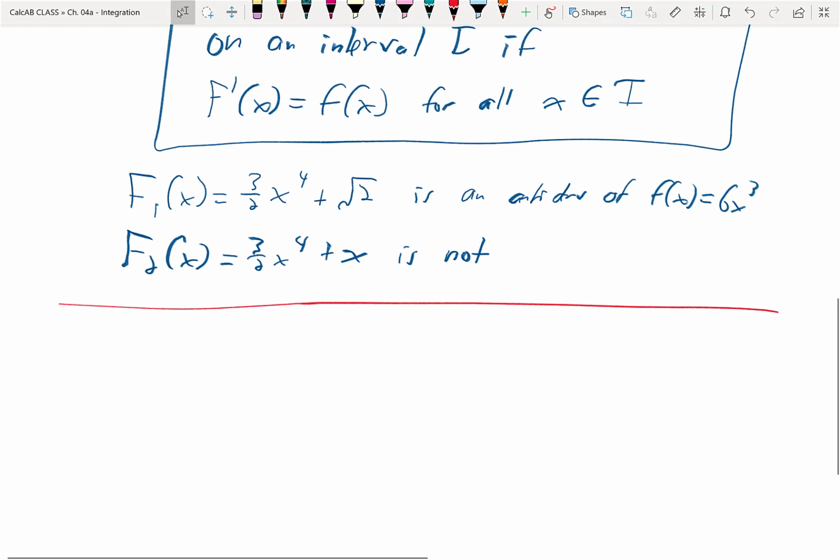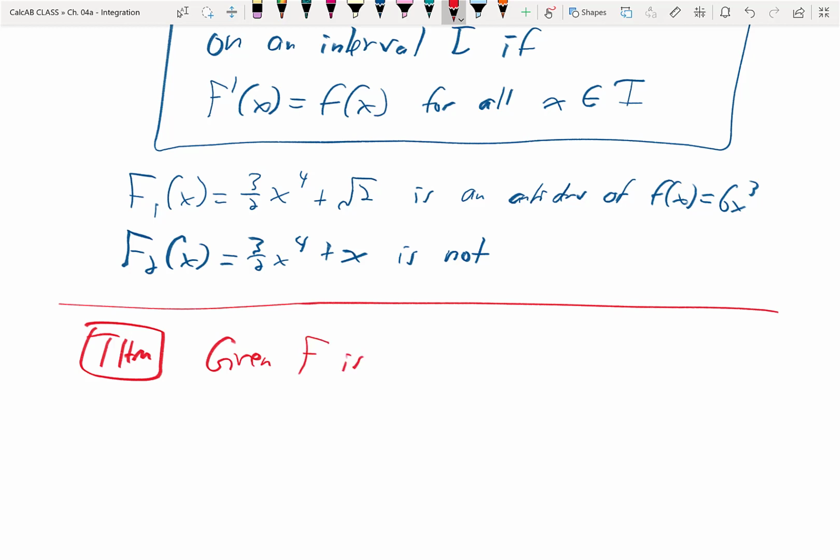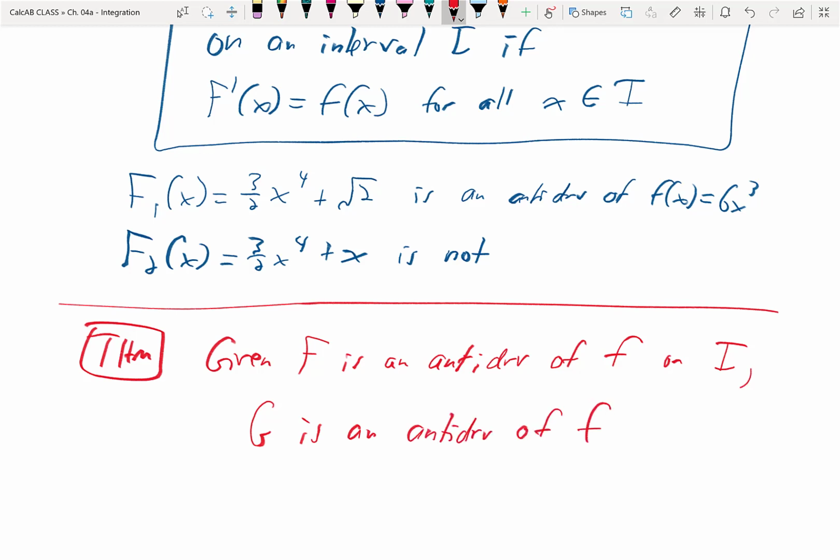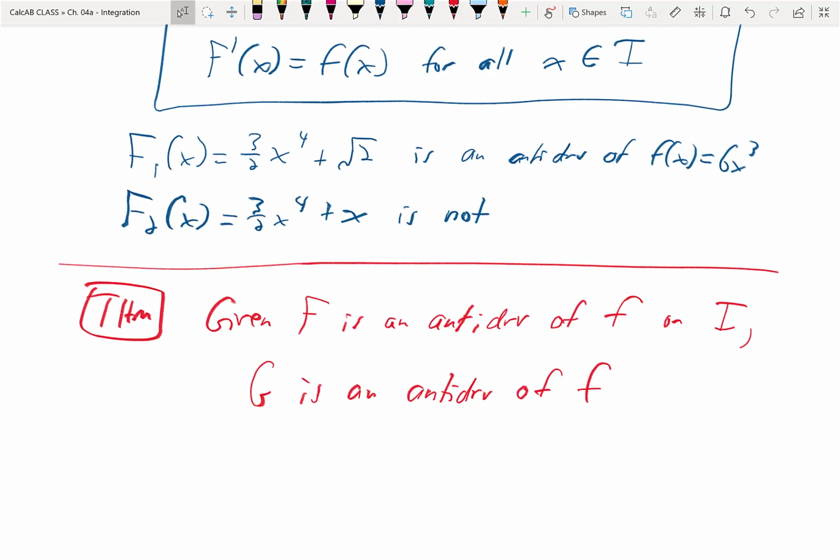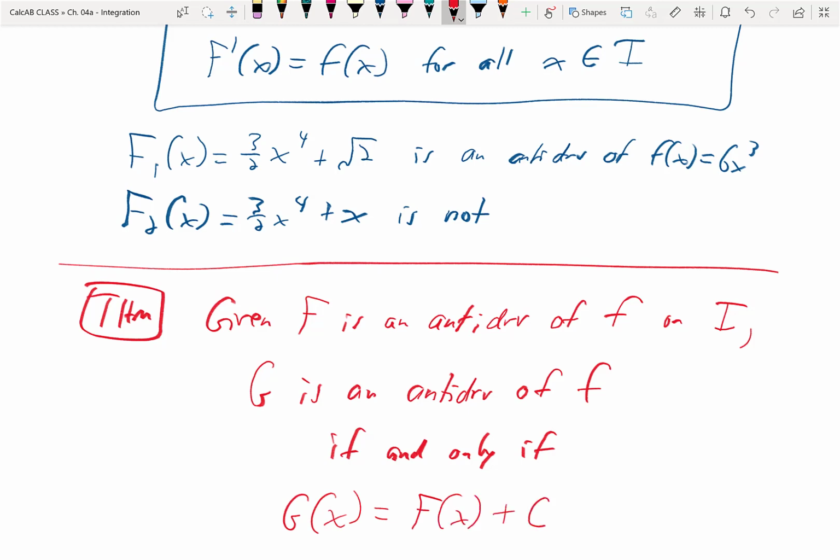Okay, next step, theorem. Given capital F is an antiderivative of little f on the interval, capital G is an antiderivative of little f means the same thing, so I'm going to say if and only if capital G of x is equal to capital F of x plus a constant.